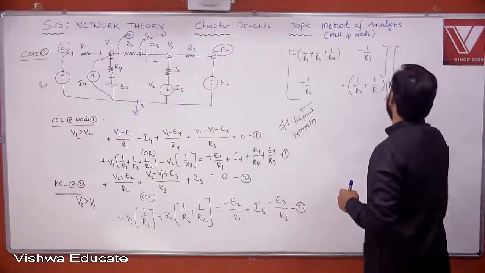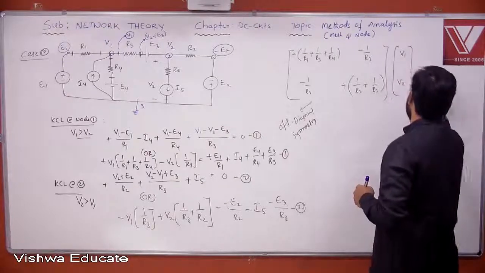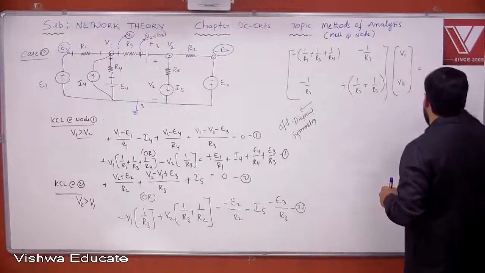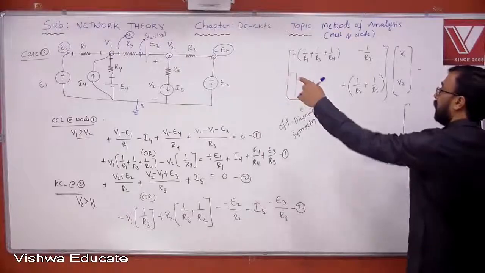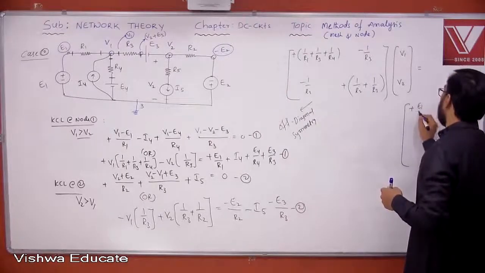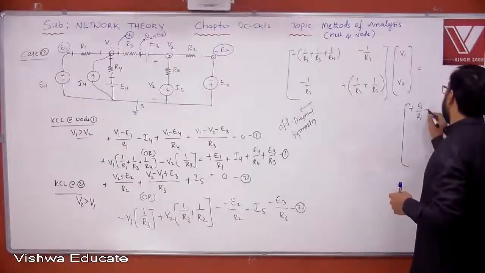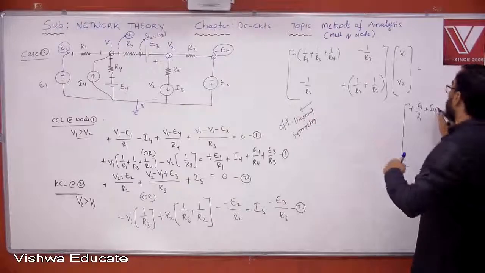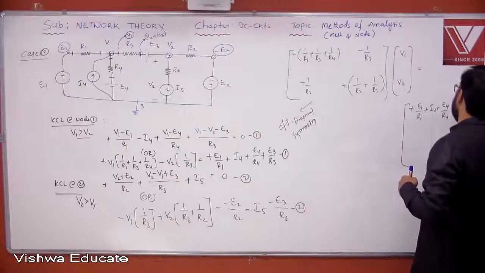Now, into V1, V2 is equal to, I'm just writing here the right-hand side. Look at the diagram: plus E1 by R1. Yes or no? Okay. Then plus I4, the entering current, negative that side but positive this side, plus E4 by R4, plus E3 by R3.